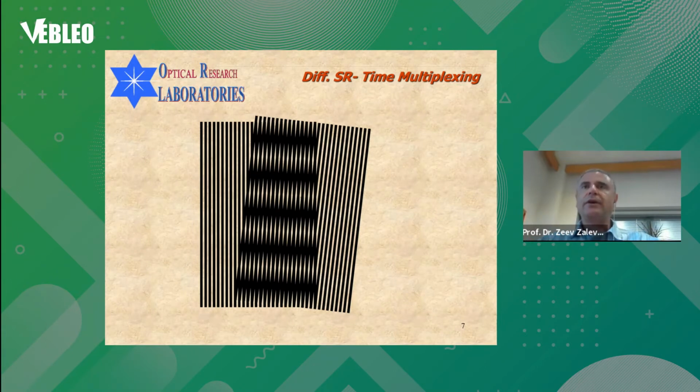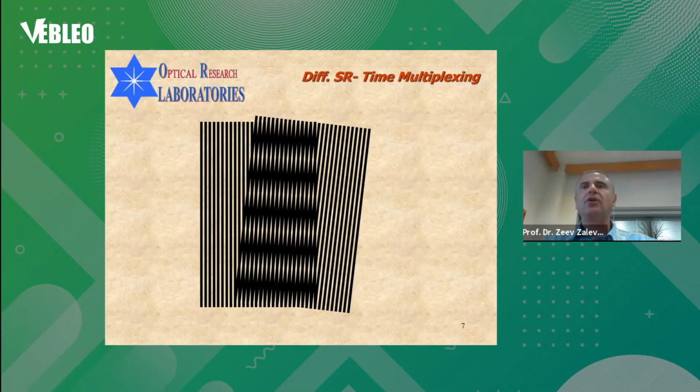And therefore, when we do time multiplexing super resolution, we need to change our encoding function in time. Each time we change our encoding function, we have different moire patterns. We capture a set of those time-changing moire patterns. Each of those moire patterns, when captured in our detector, is decoded by multiplying it with a decoding function which is equal to the encoding function that we used.